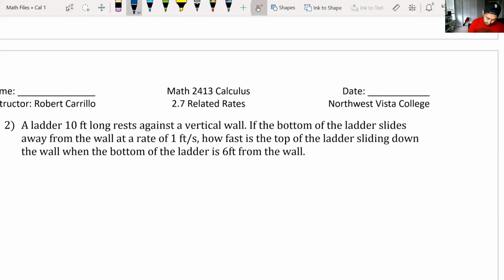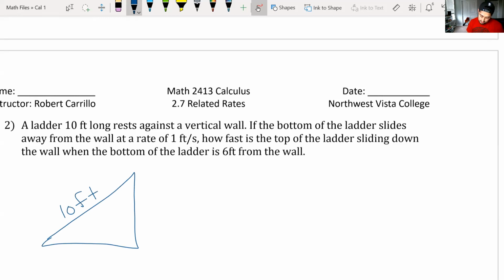Okay, so here my ladder rests against the vertical wall, and guess what shape that makes? Okay, so we're going to have our triangle, somewhat of a triangle. My ladder is 10 feet long, so this will be 10 feet.